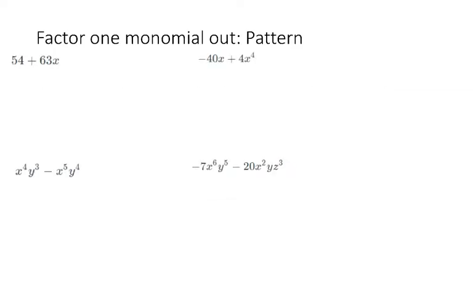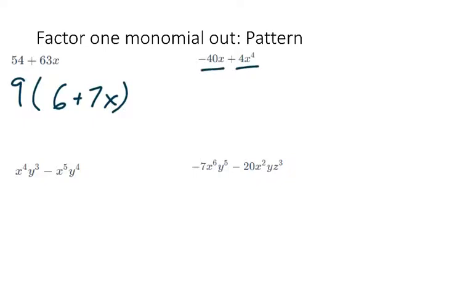So let's try some. All right, so here's the pattern. Okay, and I'm just going to do these. So hey, look at this, 54 and 63. Looks like we can factor a 9 out of this. So that should be 9, and then that's going to be 6 plus 7x. All right, and then next thing, I've got what's common to both.